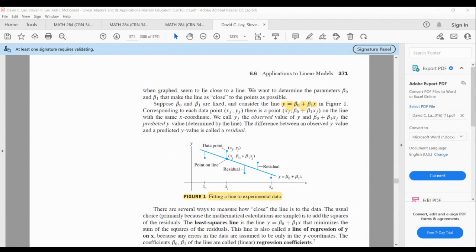Let's say that you wanted to predict a person's height. Let's keep it simple. If you wanted to predict a person's height, could you possibly look at their foot size? Do you think a person's foot size is somehow related to a person's height? In other words, people with larger feet tend to be taller.